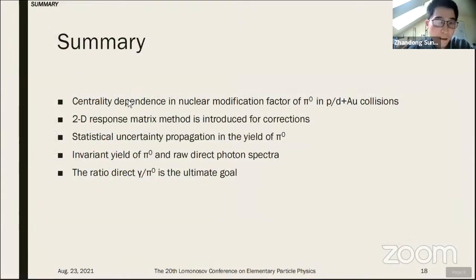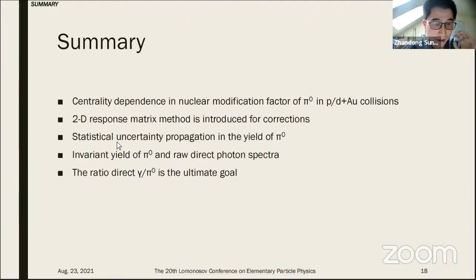And this is my summary. First, I started this talk with the observation of our previous results, the centrality dependence in the nuclear modification factor of pi0 in p-gold and d-gold. I introduced the 2D matrix method to correct for detector effects.